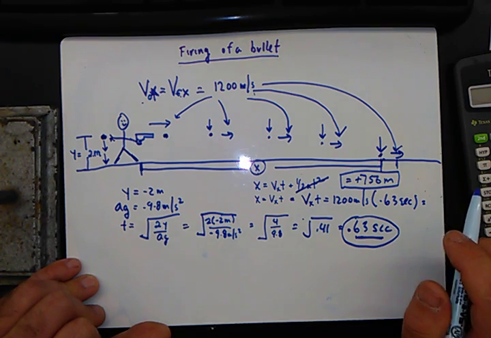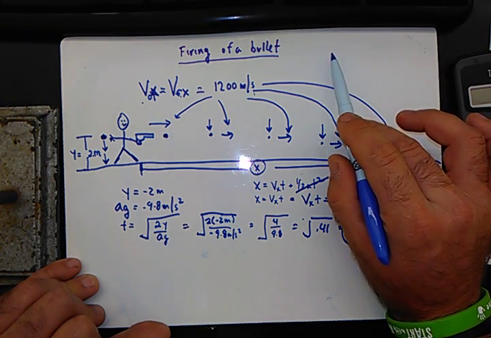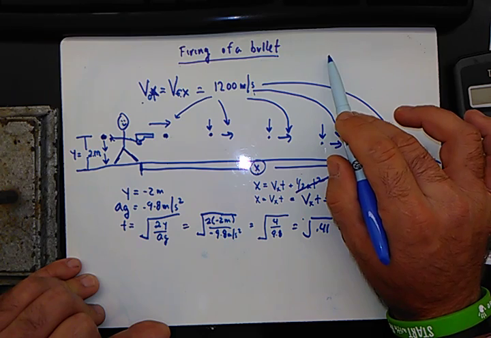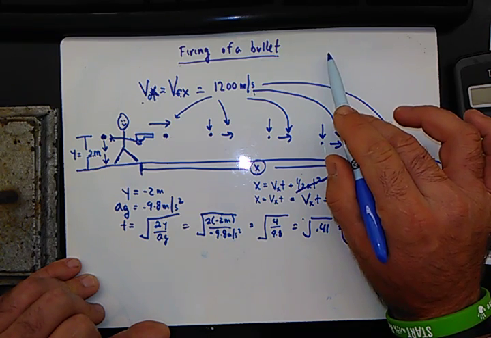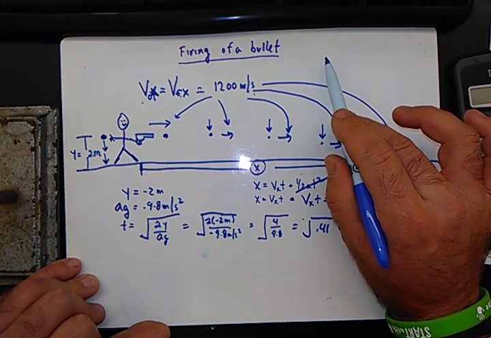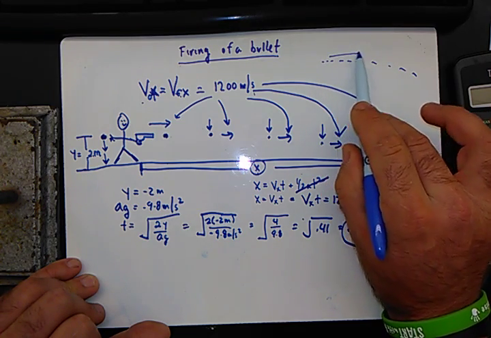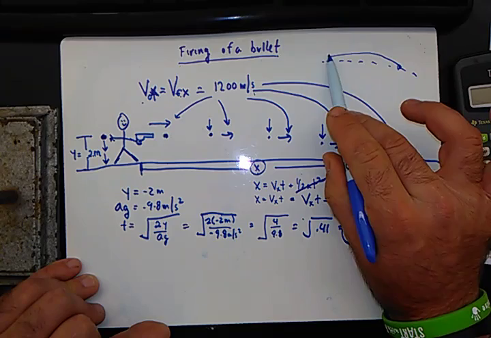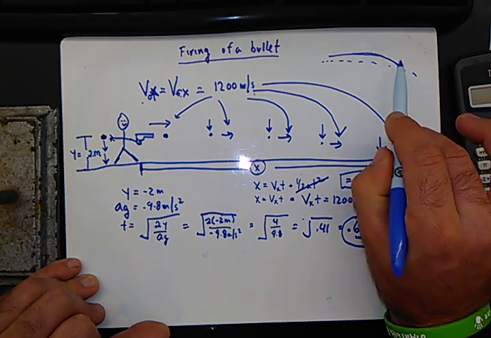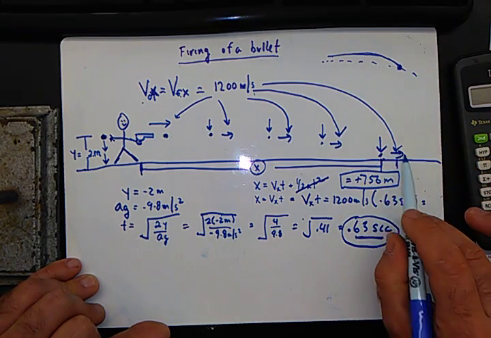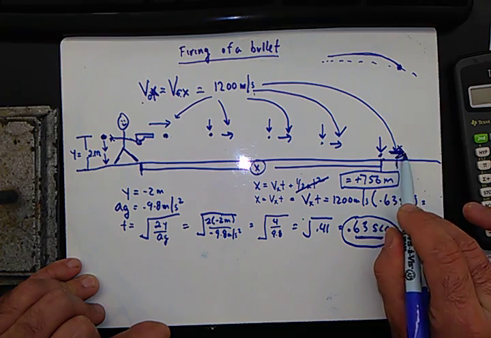Now there are some questions as to the curvature of the Earth. The Earth does have a curvature, so we do have a curvature problem, but that is negligible here.